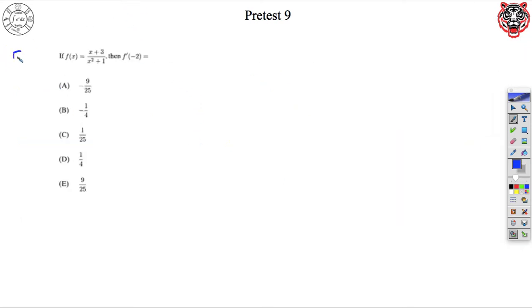Number 5. These are all out of 1 point. So number 5 is E, I believe. Let me check my notes to make sure I'm doing this correctly. Let's check the math. Taking the derivative, this is going to be quotient rule. Quotient rule is low d high minus high d low, all over low low.